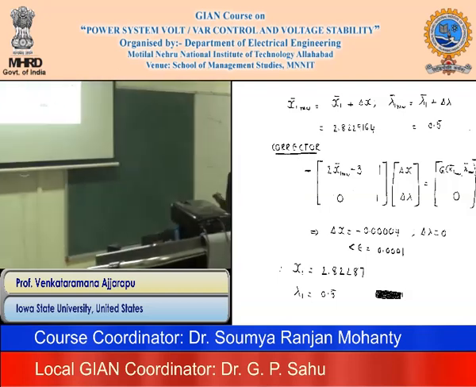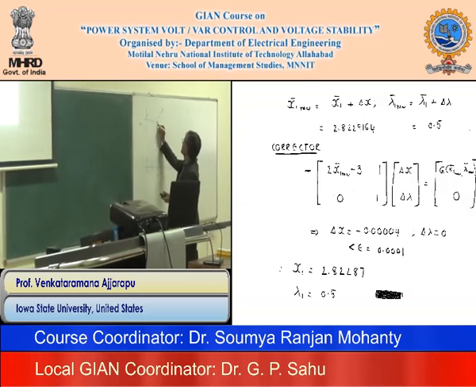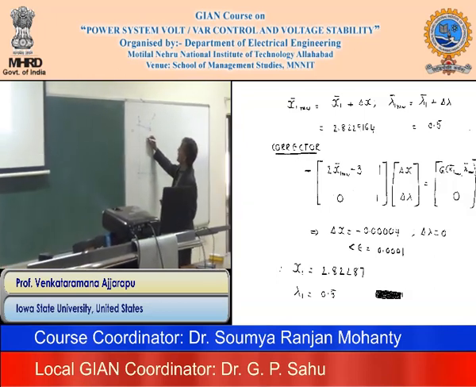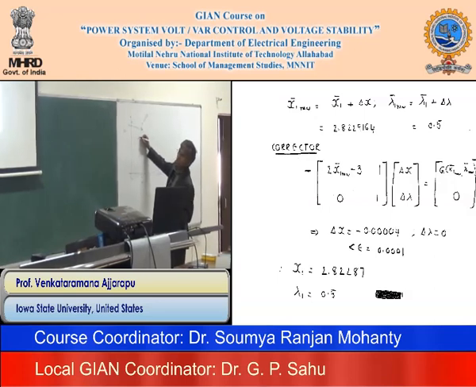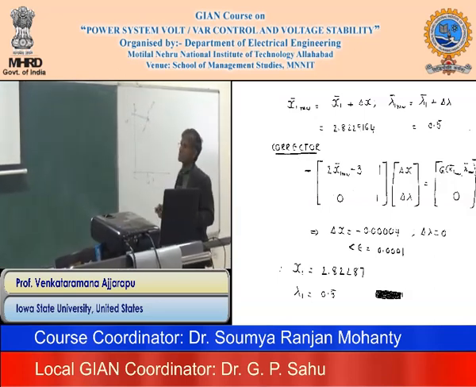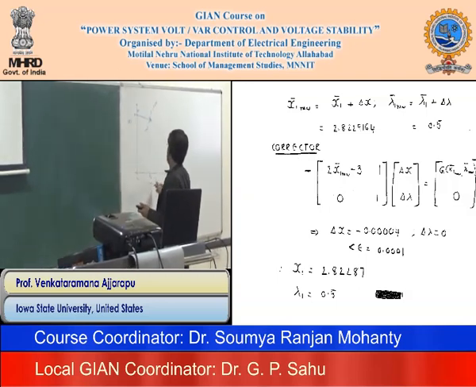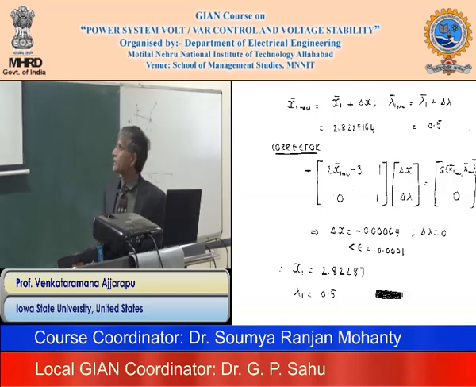So your x1 at this point is 2.823, lambda 1 is the same as 0.5. So that is one predictor and corrector.